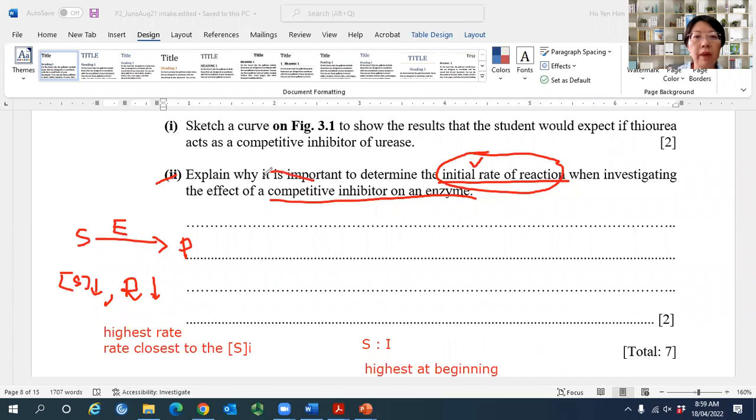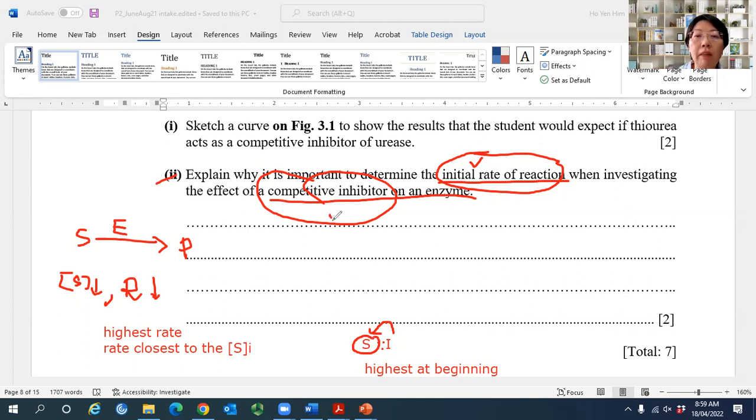A competitive inhibitor means my inhibitor will compete with substrate for the enzyme active site. So at the beginning, substrate concentration is the highest, isn't it? Highest S to I ratio. Therefore, there is a higher chance for substrate to sit into the enzyme active site. So the rate of reaction is the highest.